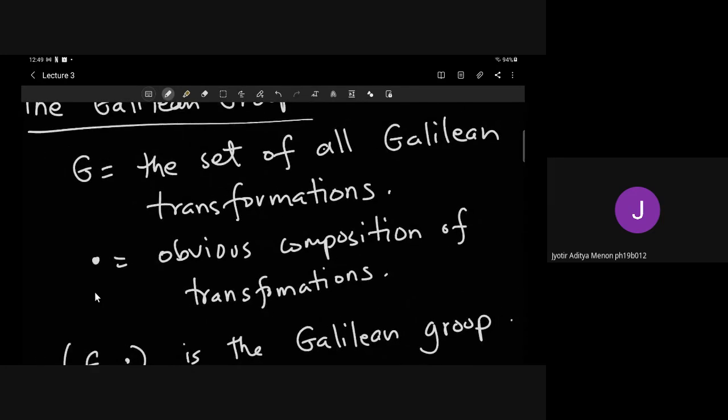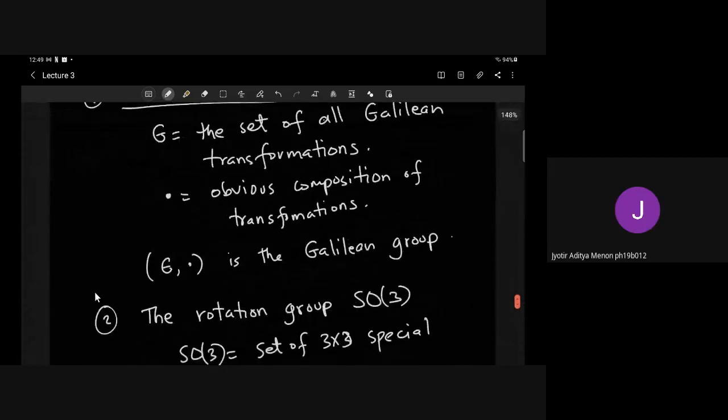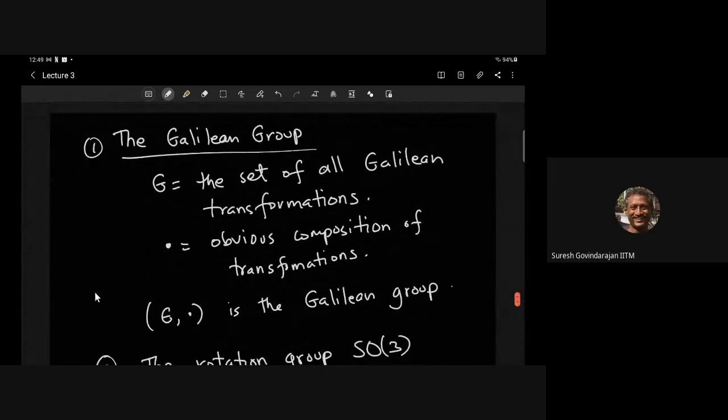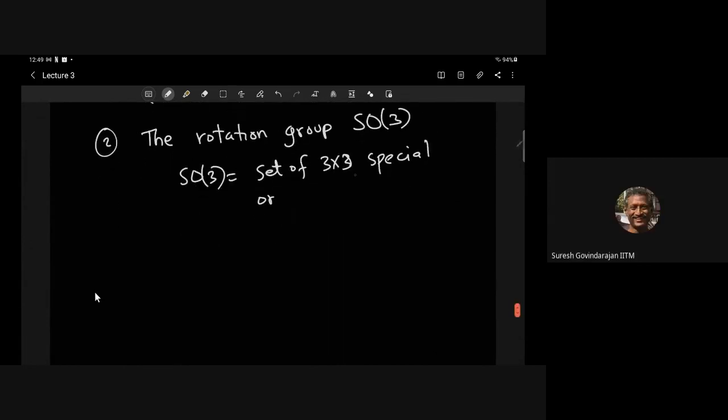Make it smaller, so you can see more. Is this okay? Yes, sir. Now I'm just giving you another example. I'm giving the set of special orthogonal matrices. And what is dot? This is matrix multiplication.